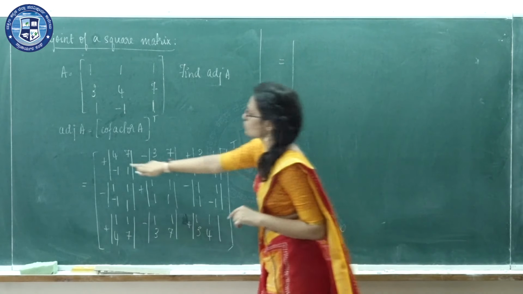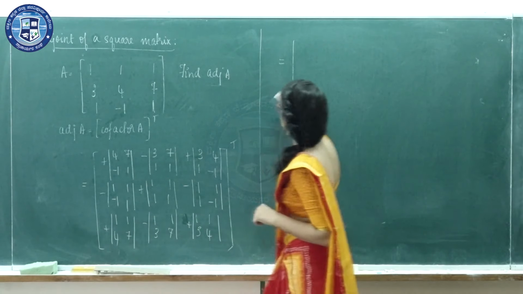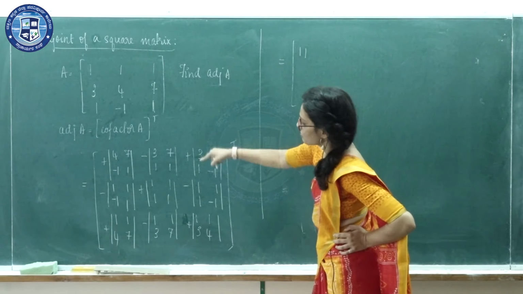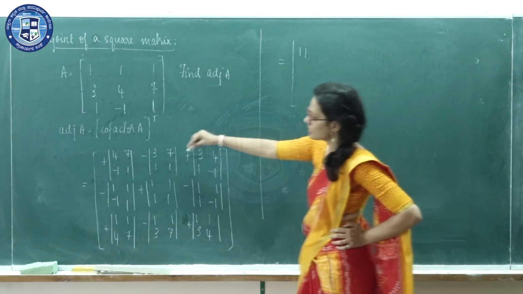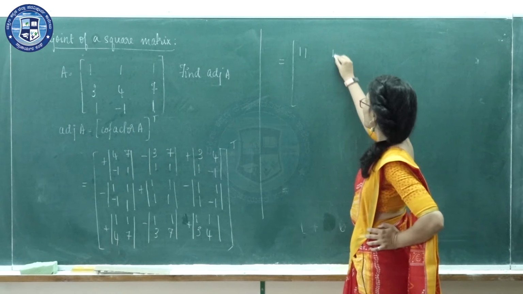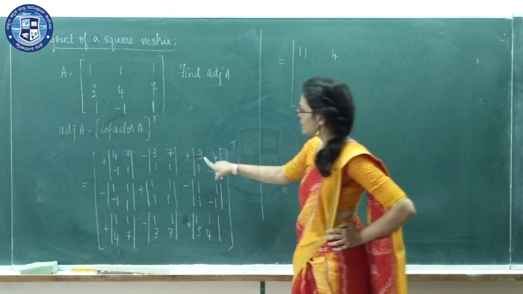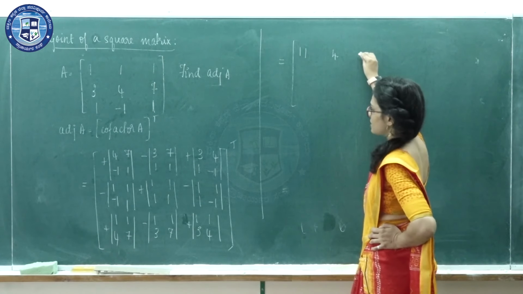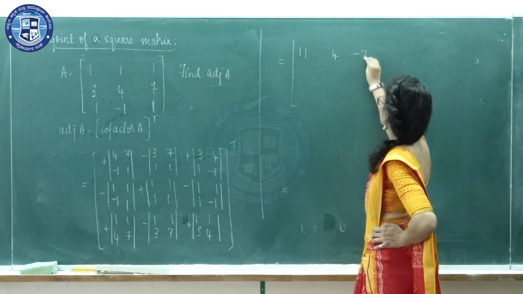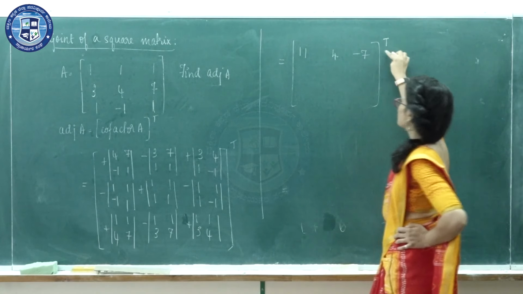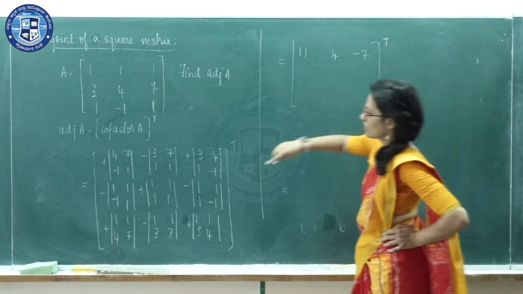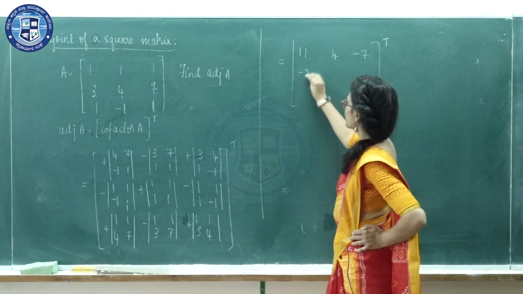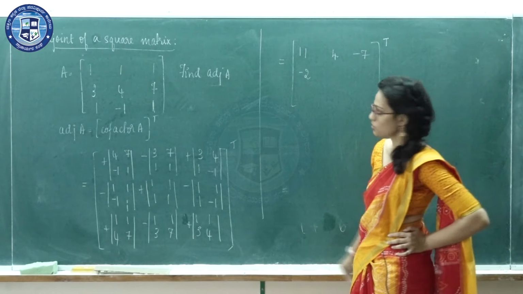We get, this is 4 plus 7 is 11. Here 3 minus 7 is minus 4, but there is a minus sign outside, so minus into minus gives plus. Here minus 3 minus 4 is minus 7. Okay. Do not forget to write this transpose. Next we have 1 plus 1 is 2, but there is a minus sign outside, so we get minus 2.